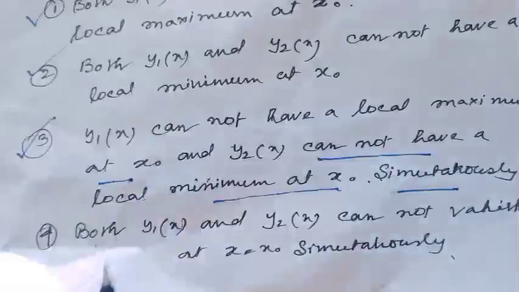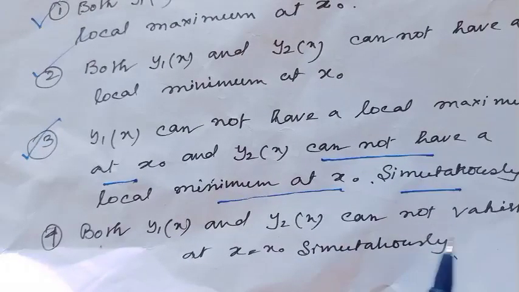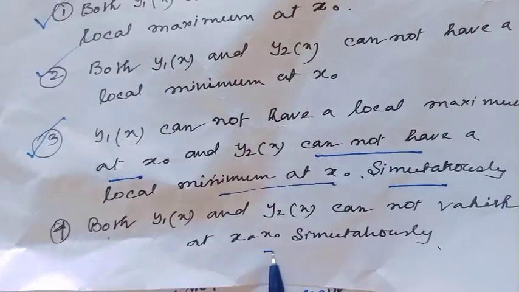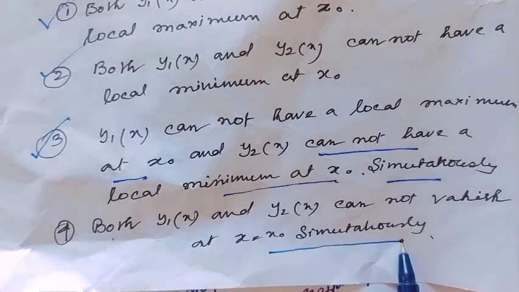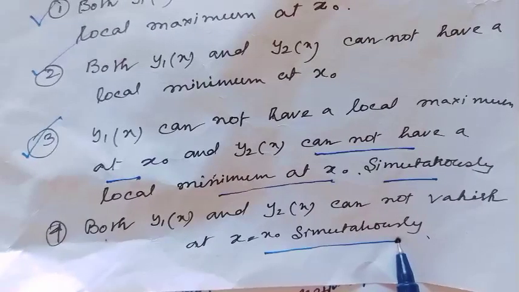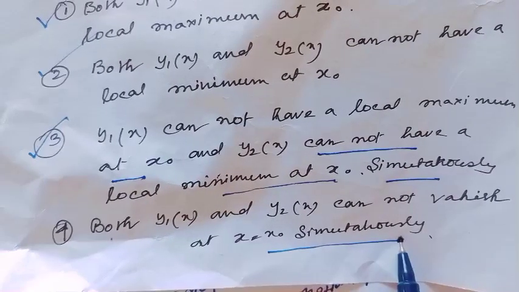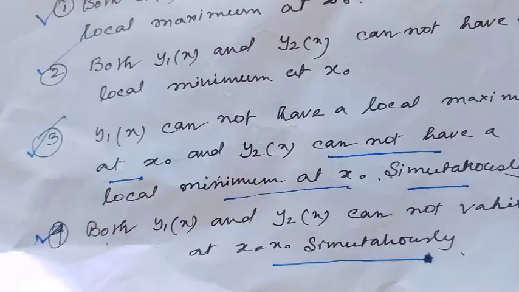And option 4 says both y1(x) and y2(x) cannot vanish at the point x equal to x naught simultaneously, which means they do not have a repeated zero. So option 4 is also a right option.